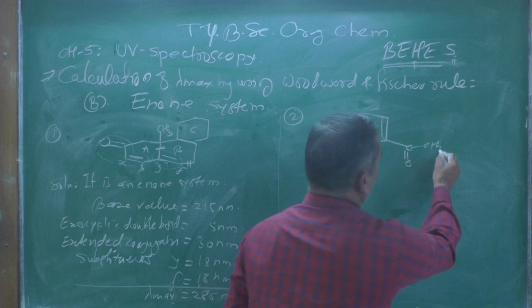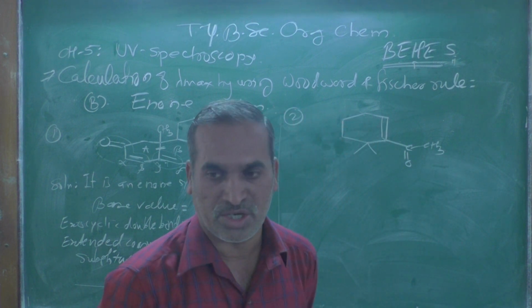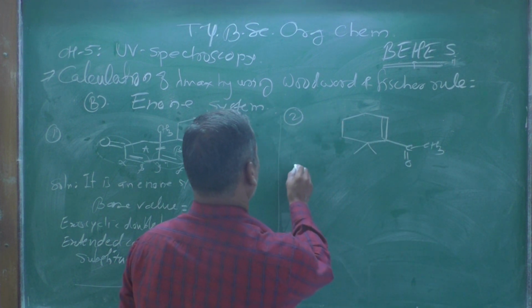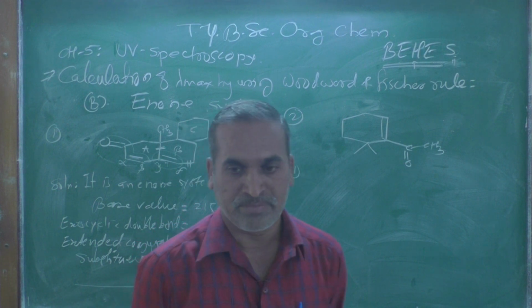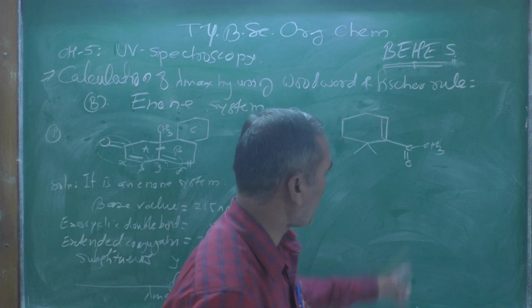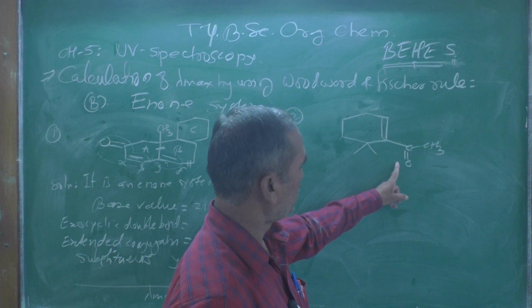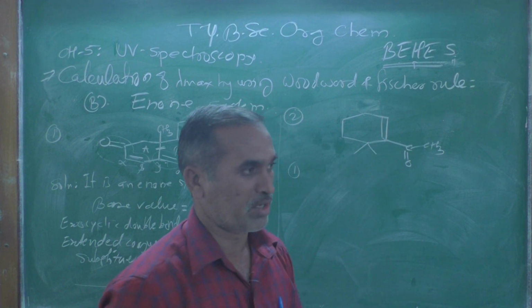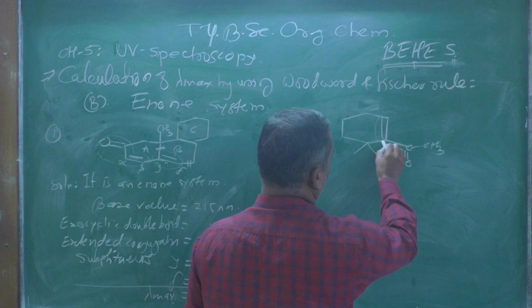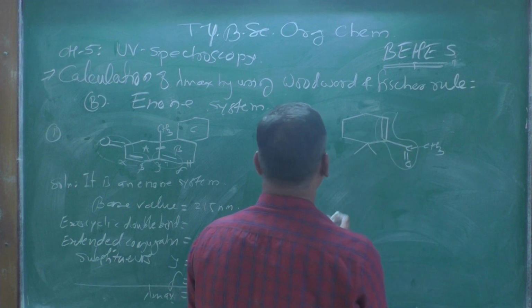Now observe this structure carefully and find out what type of system it is. It is an enone system. Look here, carbonyl group, single bond and double bond, and therefore this type of system is called an enone system.